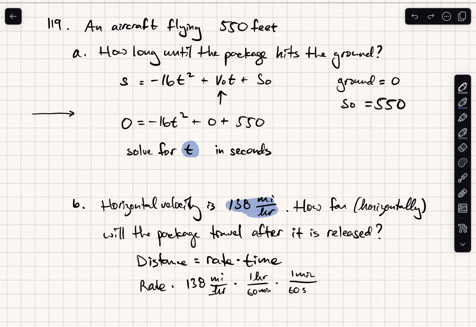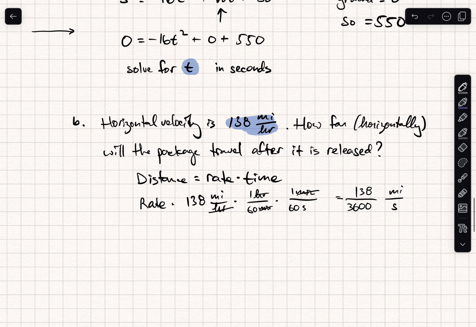So I can cancel my hours. I can cancel my minutes. And that gives me 138 over 3,600 miles per second. I'm trying to find my distance, so I can multiply my 138 over 3,600 miles per second times my time, which is in seconds.